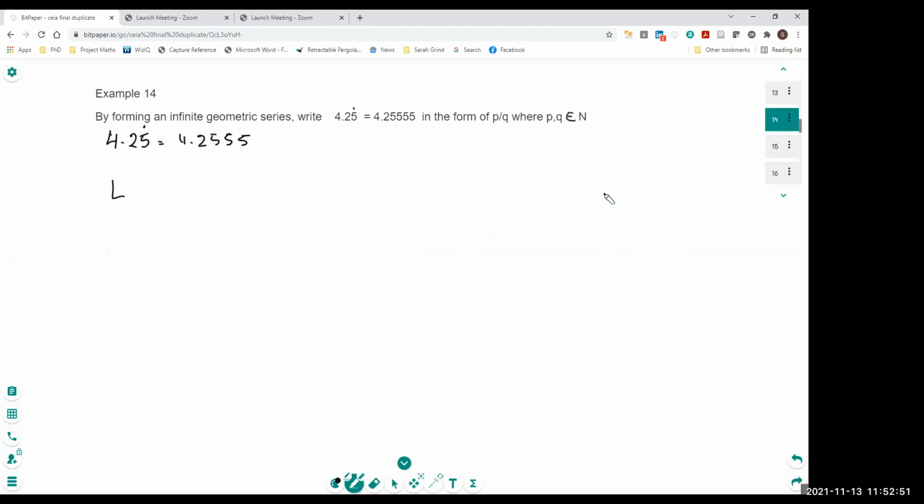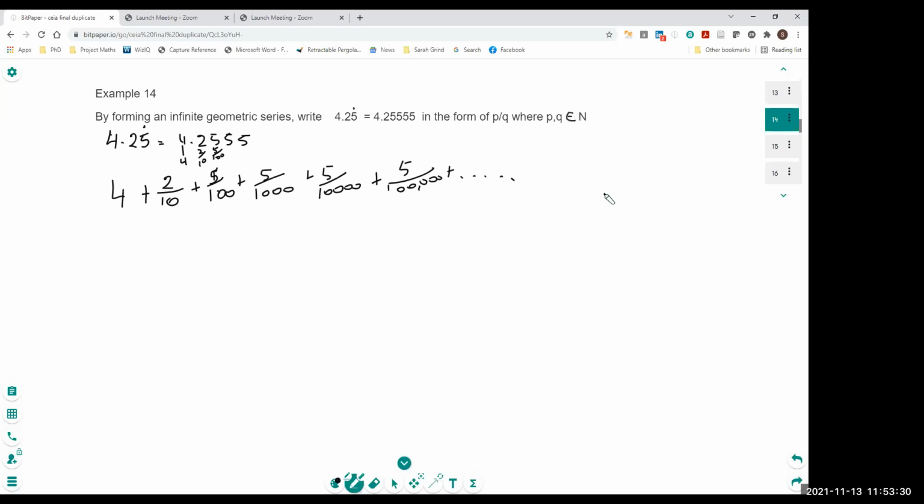So this number can be written as 4 plus, what's the value of 2? It's 2/10. So 4 plus 2/10, plus 5/100, plus 5 over 1,000, plus 5 over 10,000, plus 5 over 100,000, and so forth.